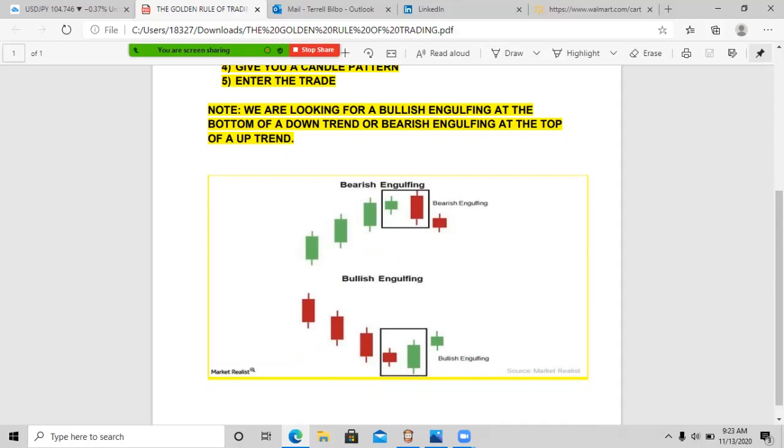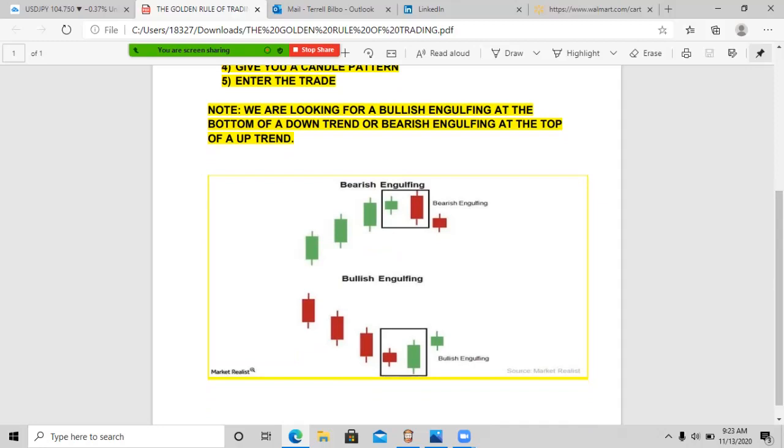So you have a bullish trend, which means it's a buy, it's going up, bullish is going up, and then you have a bearish candle that engulfs the previous candle, and that should signal a downtrend, the start of a downtrend. Then you have a bullish engulfing, which is at the bottom of a downtrend.